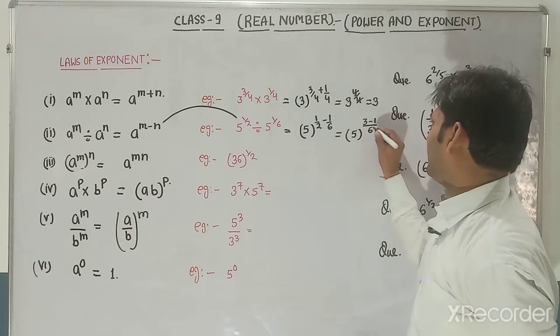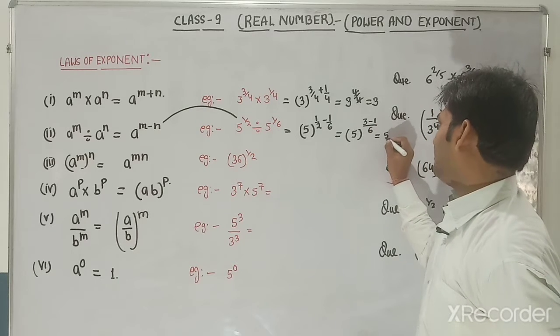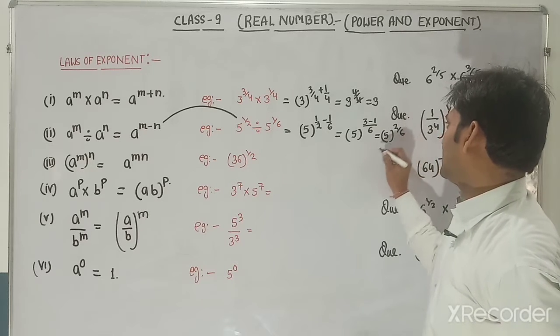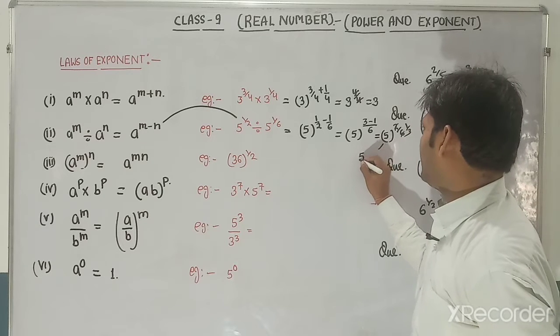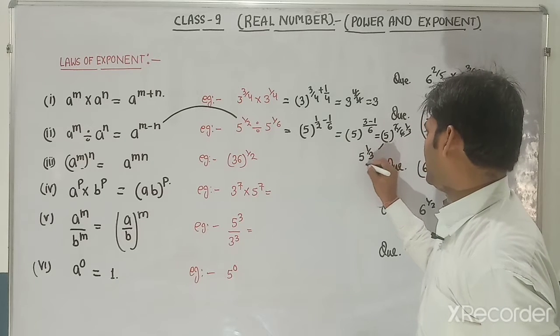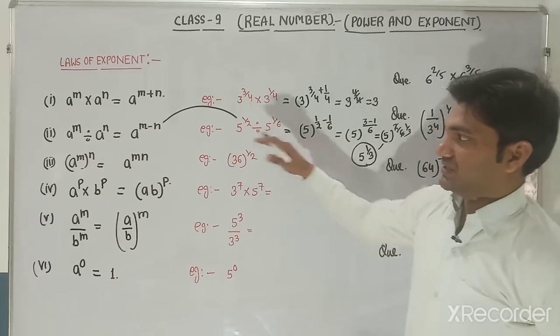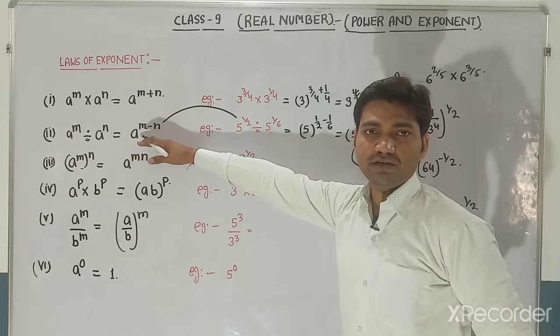It means 5 power 2 upon 6. Then 2 upon 6 simplifies, and the correct answer will be 5 power 1 by 3. This is the answer. These questions are based on the formula a power m upon a power n is equal to a power m minus n.